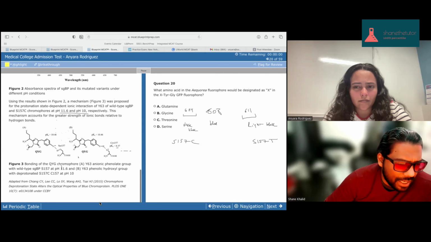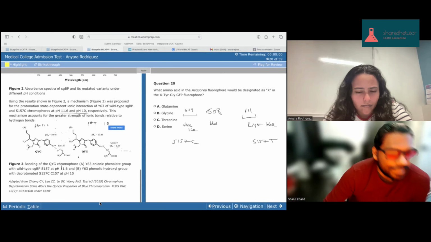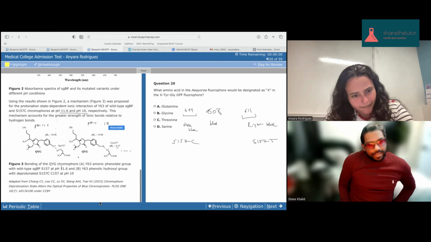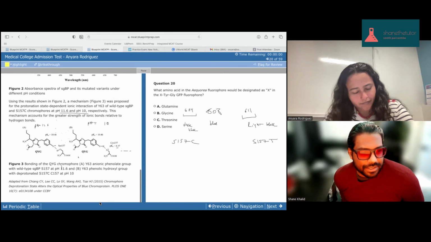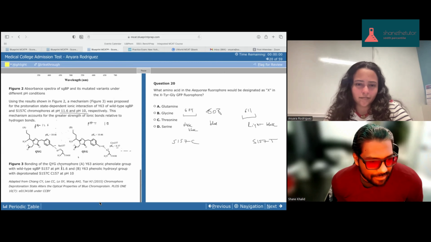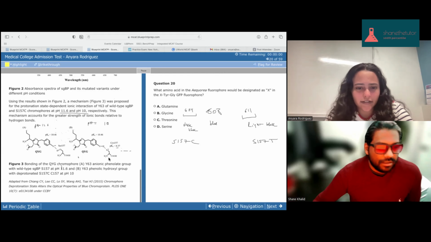So I guess this entire thing is a pH of 11.6, and this entire thing is a pH of 10. So the pKa's can help us navigate that, because the pKa of the tyrosine is 10.46. And then the pKa of the cysteine, I guess that explains why it's deprotonated and this is protonated.